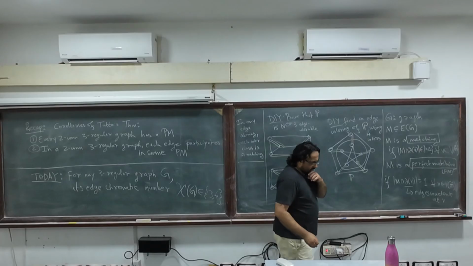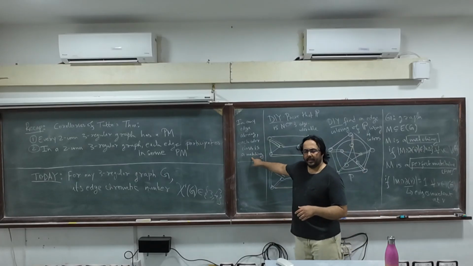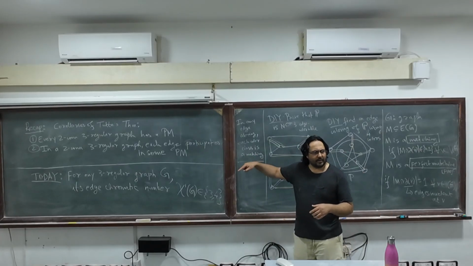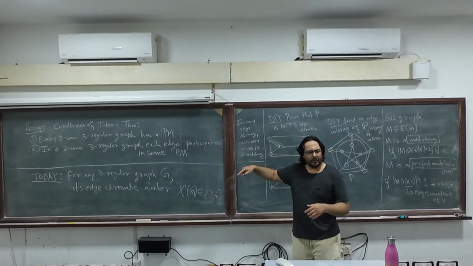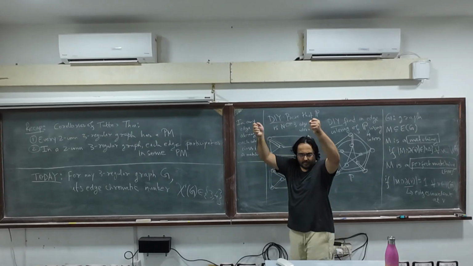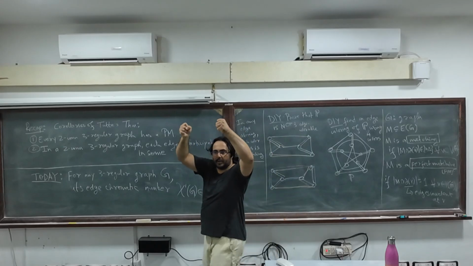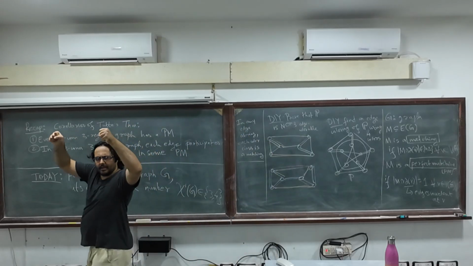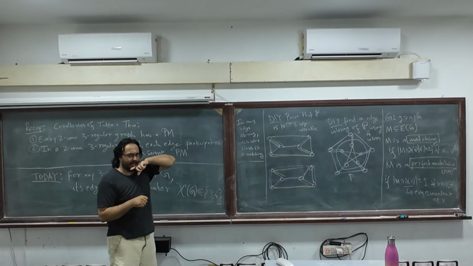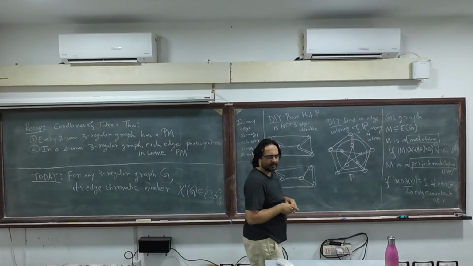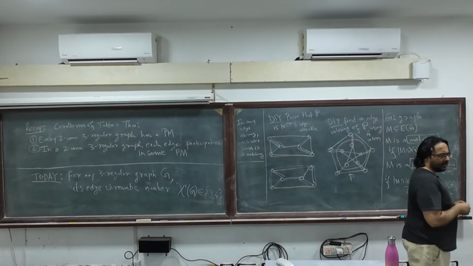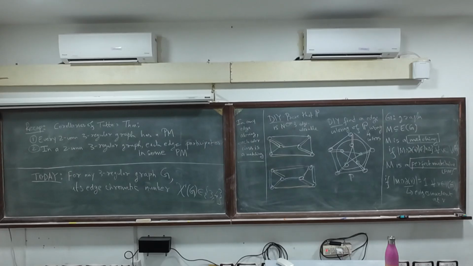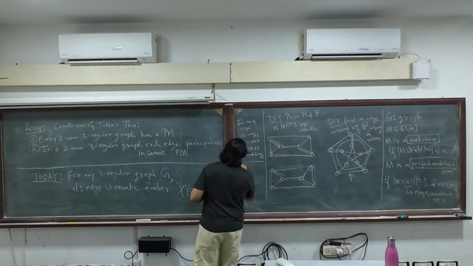Since we just discussed this, by the way, can we go to vertex colorings for a moment? You all know what vertex colorings are, right? You color the vertices, any two adjacent vertices should get different colors. So in a vertex coloring, what does each color class correspond to? Independent set, which I will call a stable set. Is that right? Okay. So let's also note that down.